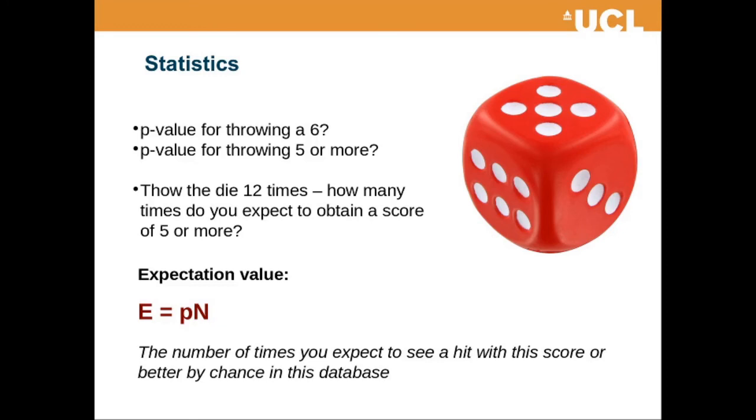In other words, the number of sequences in the databank. So the e-value, the expectation value then, is the number of times you expect to see this score or better purely by chance in this databank or database.